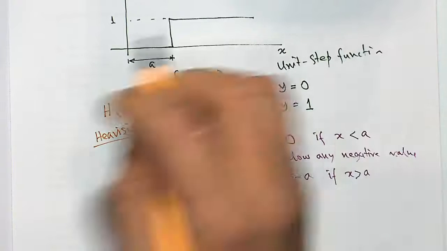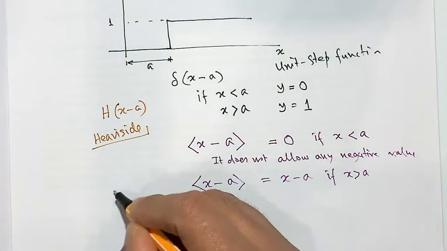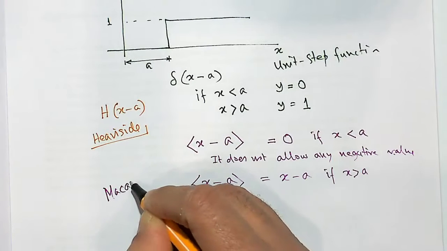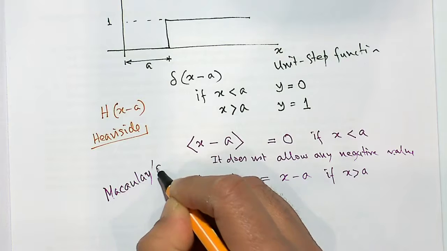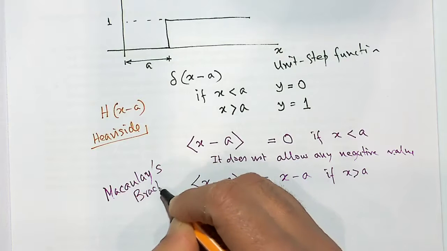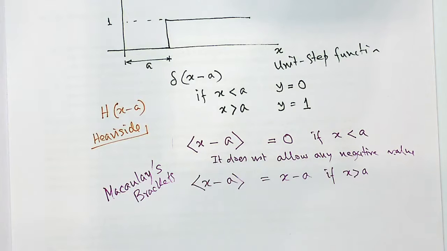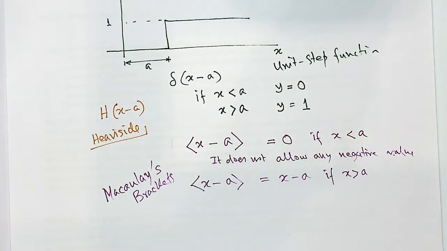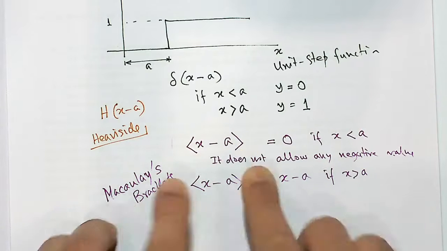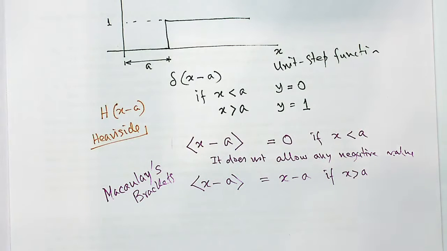But from the structural engineering point of view, we'll use Macaulay's brackets. These pointed brackets mean it will not allow any negative values in there. So if you see any of these, it's only 0 or positive. That's what we'll use.